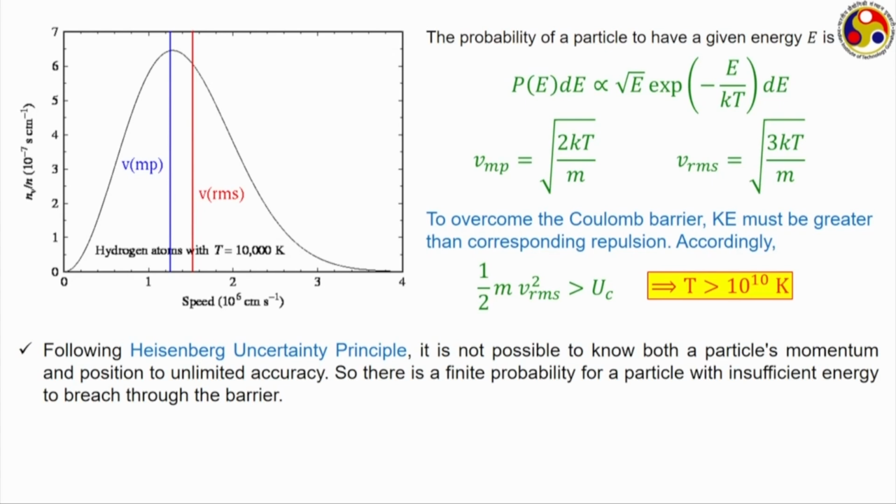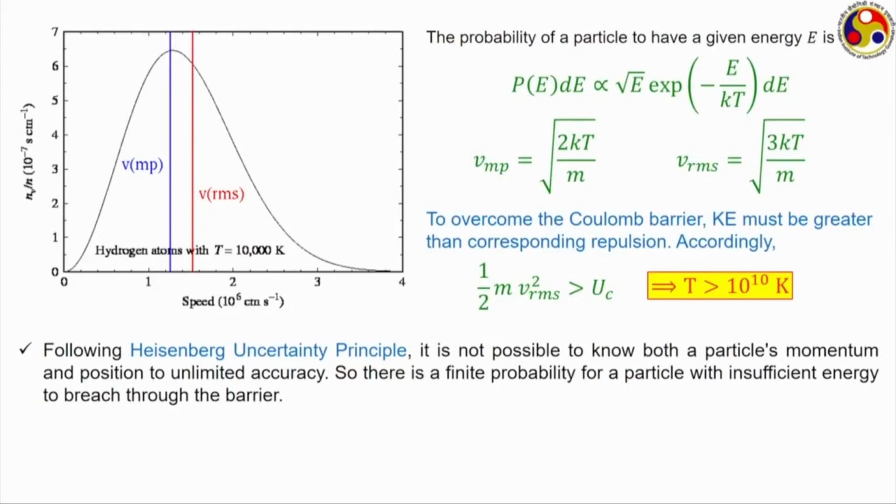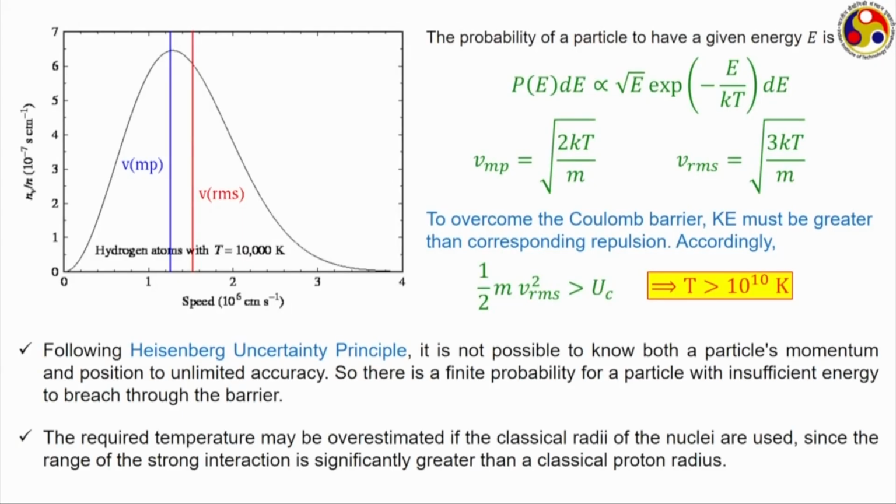So, there is always a finite possibility that once the energy level is given, the particle's position can be anything, and hence even with insufficient energy, the particle may breach through the barrier and reach the other side to have the interaction.